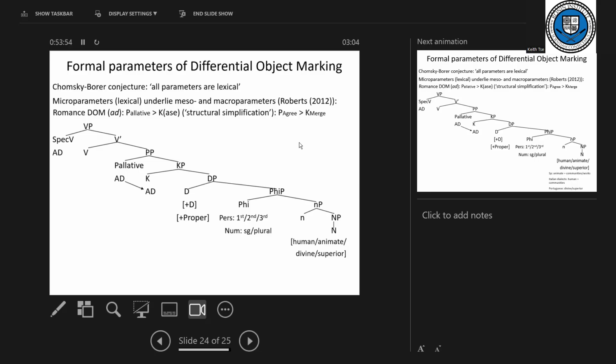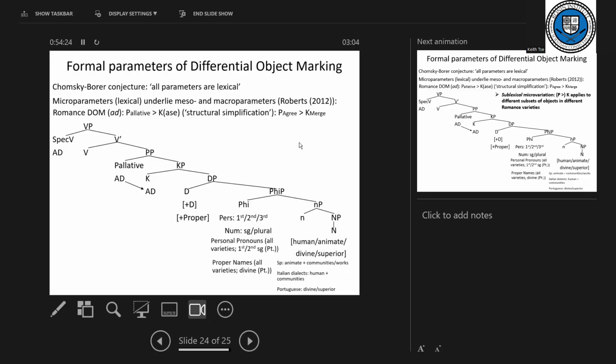But as we saw on the previous slides, there's a lot of micro variation even within this lexical change. So for example, in the lexical noun, it can either denote human, animate, or divine, or superior types of noun. In the Phi domain, it could be either all pronouns, or simply the first and second person singular pronoun.